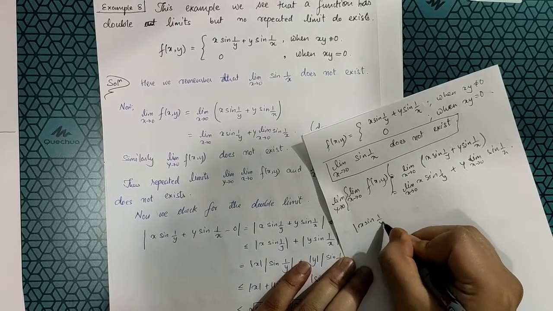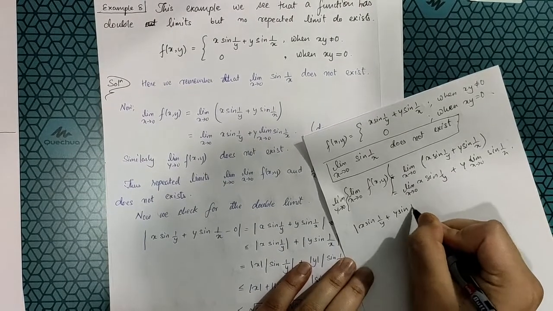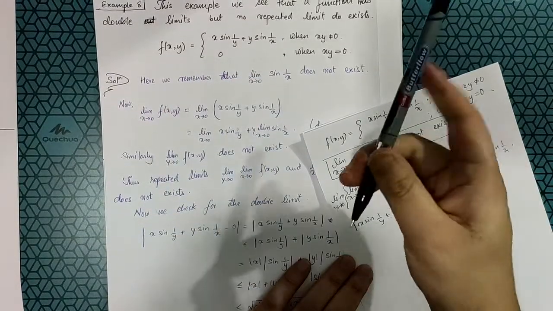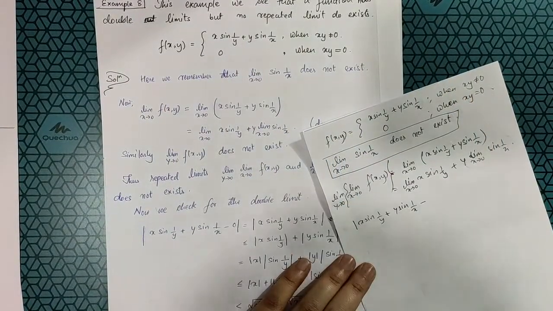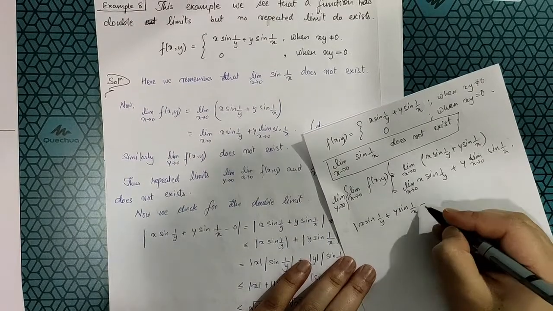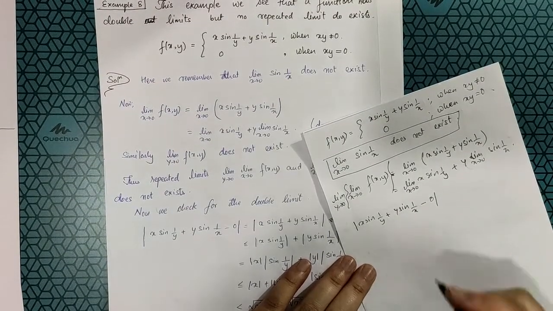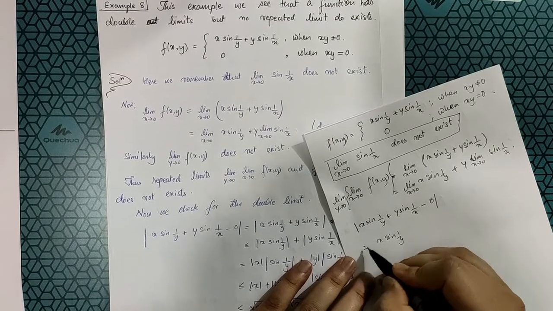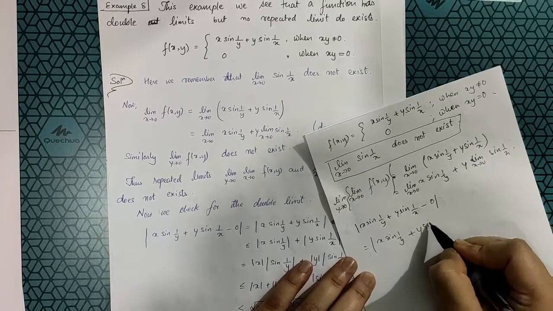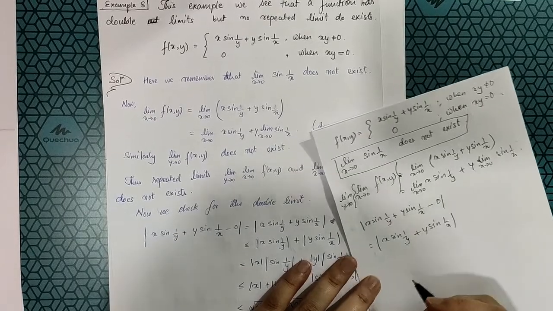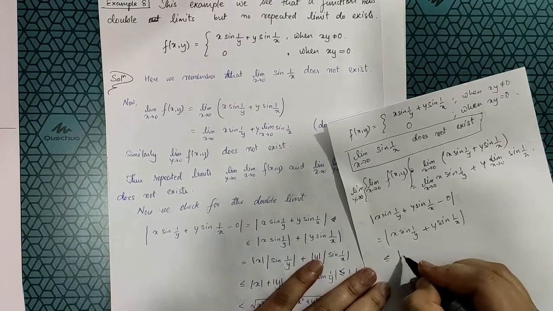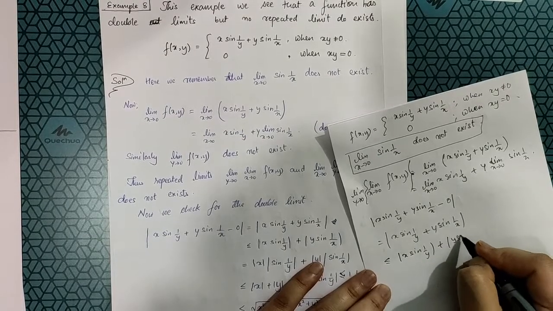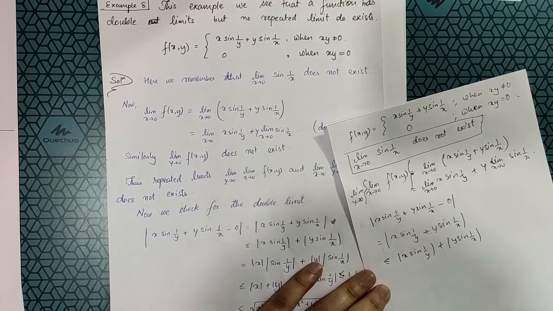Here we assume that the limit goes to 0, so the modulus of x sine 1 by y plus y sine 1 by x minus 0 is equal to modulus of x sine 1 by y plus y sine 1 by x.